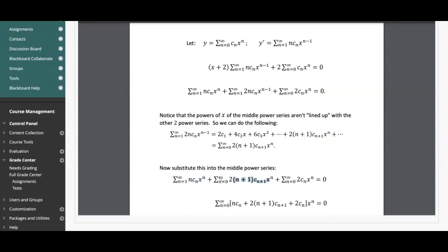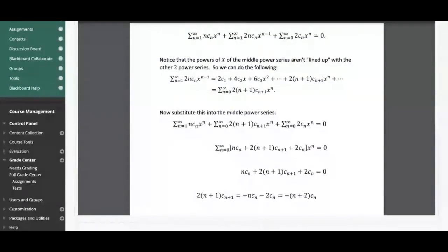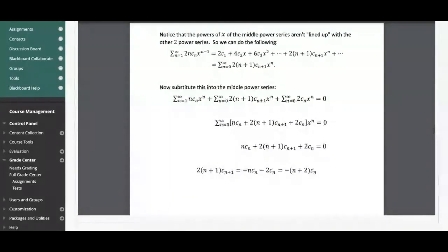And this one has a constant term, so this is the one we change. This one just doesn't have a constant term. So going from this line to the other line, instead of n equals 1, it's just n equals 0. And then they factor.